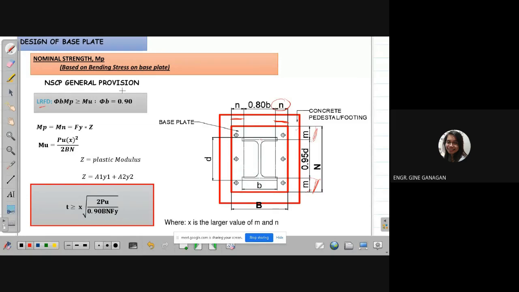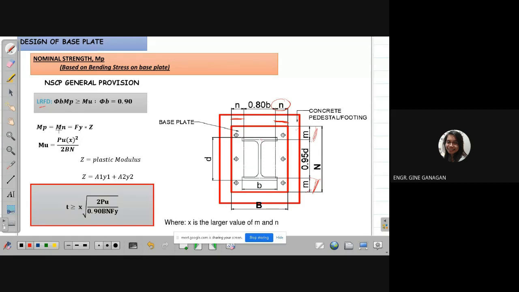Pag wala akong nabanggit na design or the allowable, yung binanggit ko lang is just have to find the nominal strength, mga ganon, always use LRFD. Okay? So sa economical procedure tayo. So always use LRFD. Kaintindihan tayo doon ha? Okay.